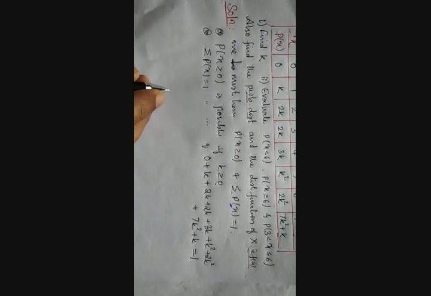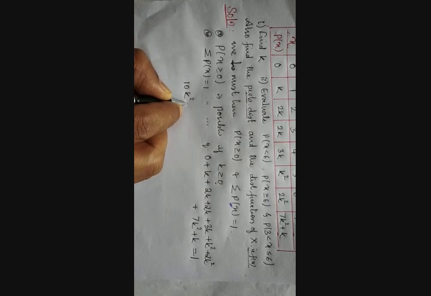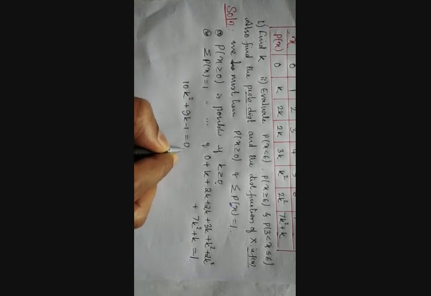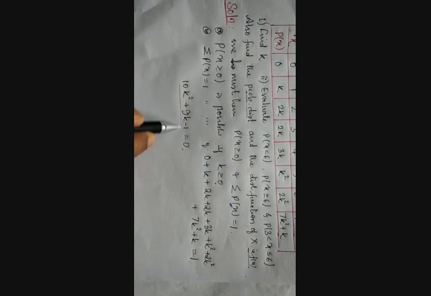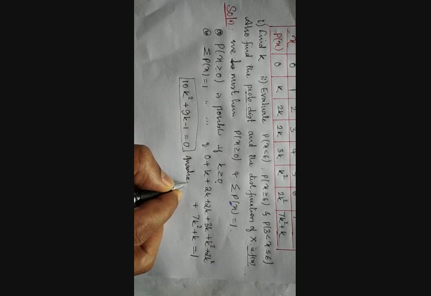If we add all these terms, then we will get 10k square plus 9k minus 1 equal to 0. If you see this result, 10k square plus 9k minus 1 equal to 0, it is nothing but a quadratic equation.